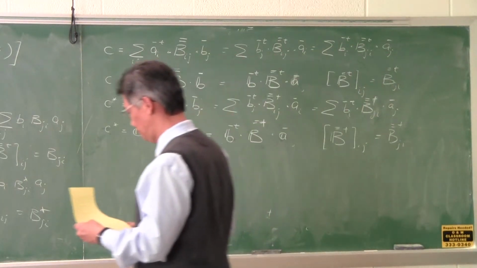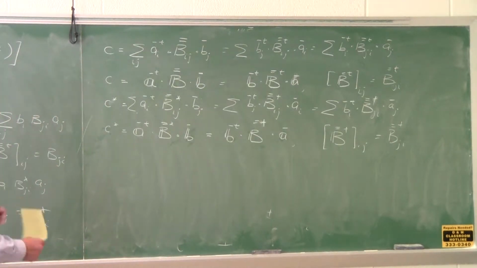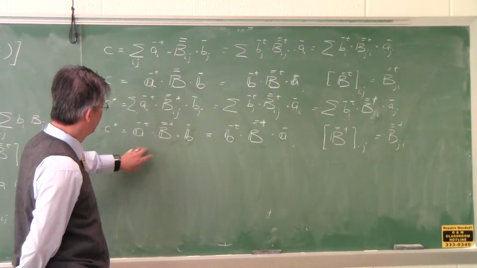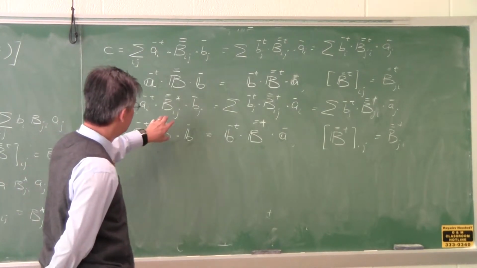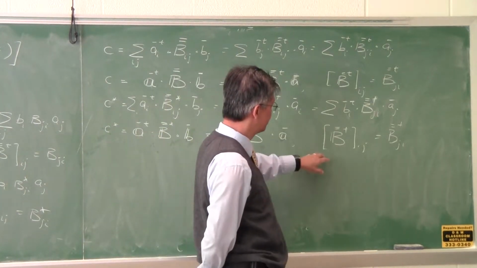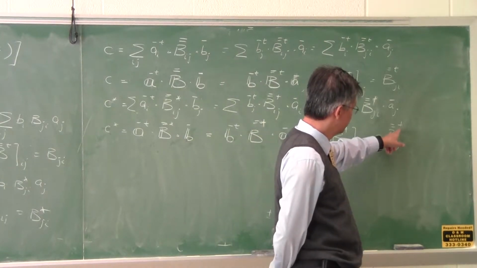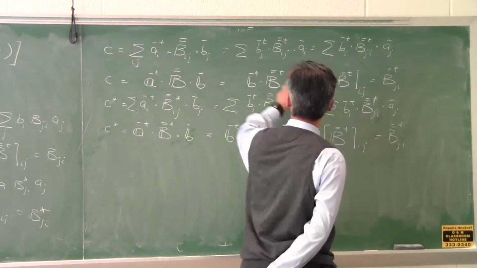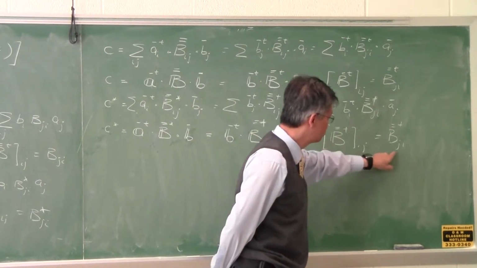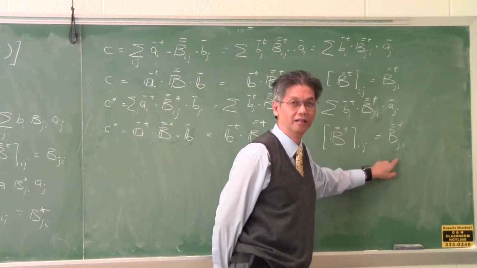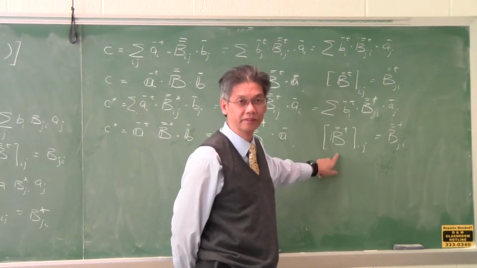So what this exercise tells you is that if I have an operator, say B, and I find its conjugate transpose, it's taking the submatrices, conjugate transposing the tensor elements, and then swapping the indices. This is how I find the conjugate transpose of this.